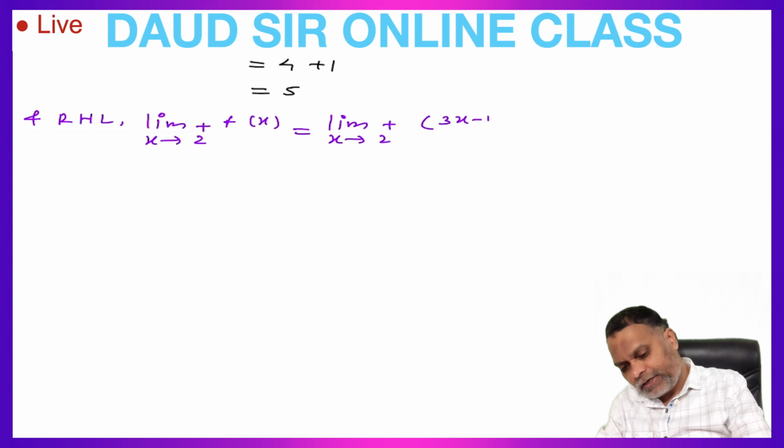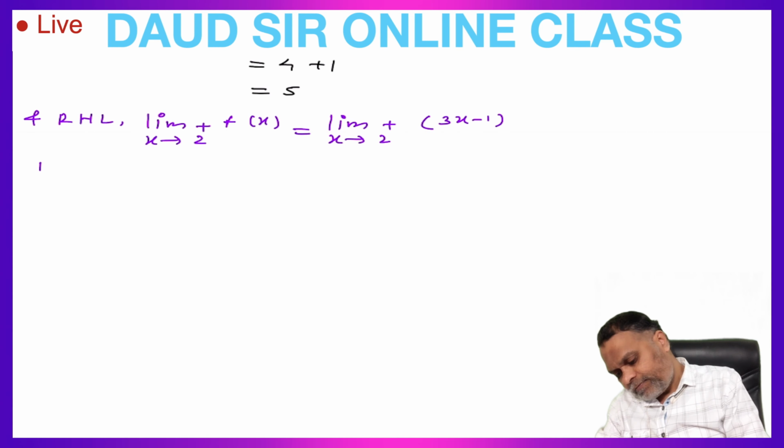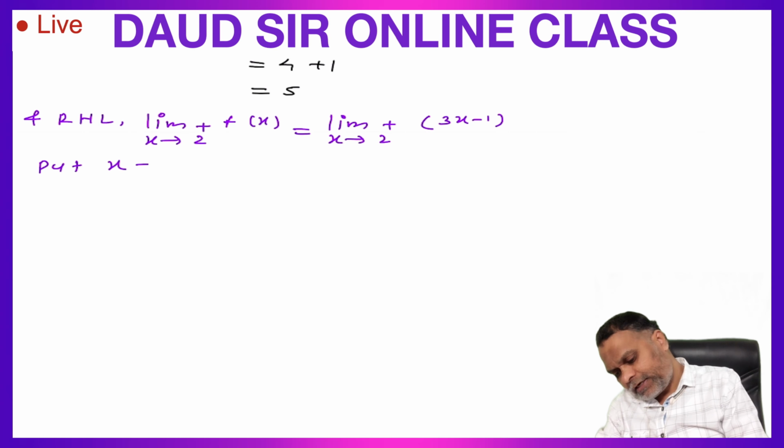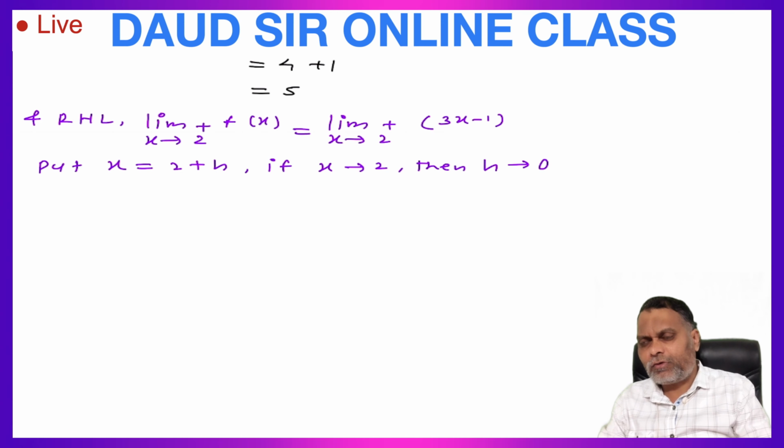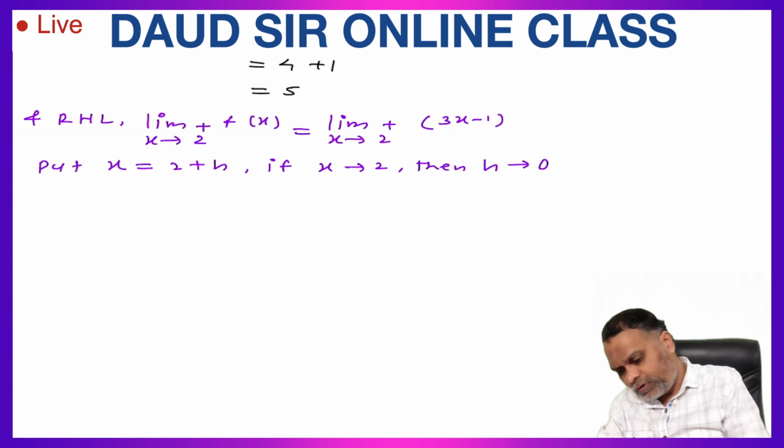Put x is equal to 2 plus h for the right hand limit. Change tends to: if x tends to 2, then h tends to 0. How? Put this 2 plus h here, 2 plus h tends to 2, 2 cancelled, h tends to 0.